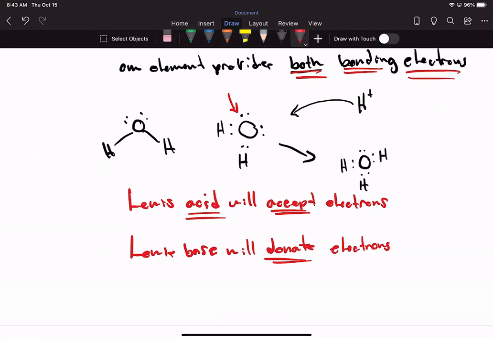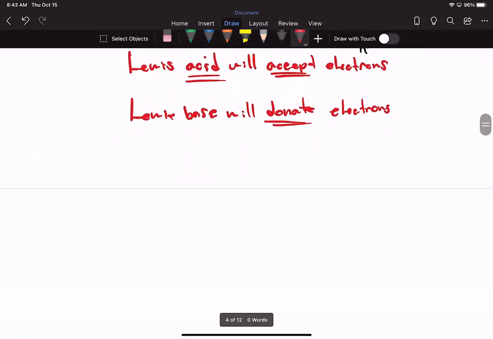So a Lewis acid is going to accept a pair of electrons, and a Lewis base will donate a pair of electrons. So let's talk about zinc.